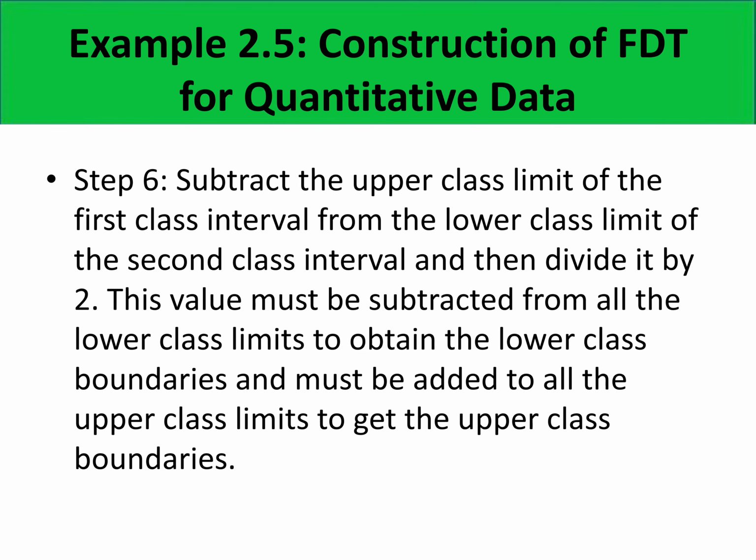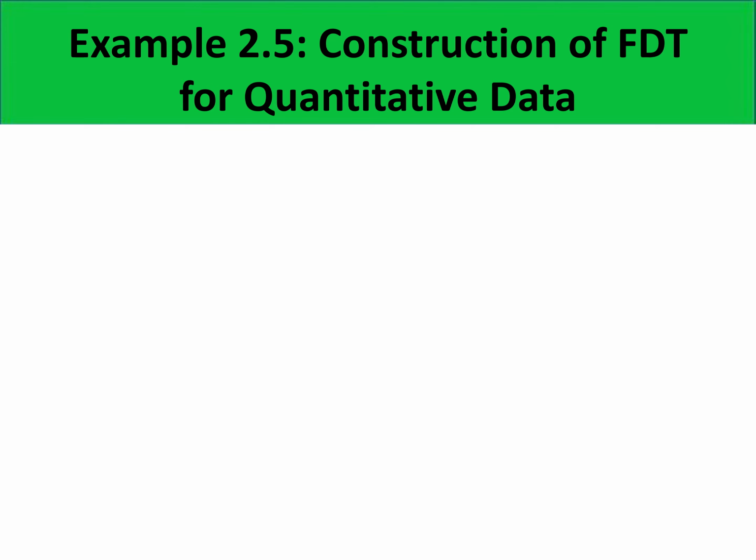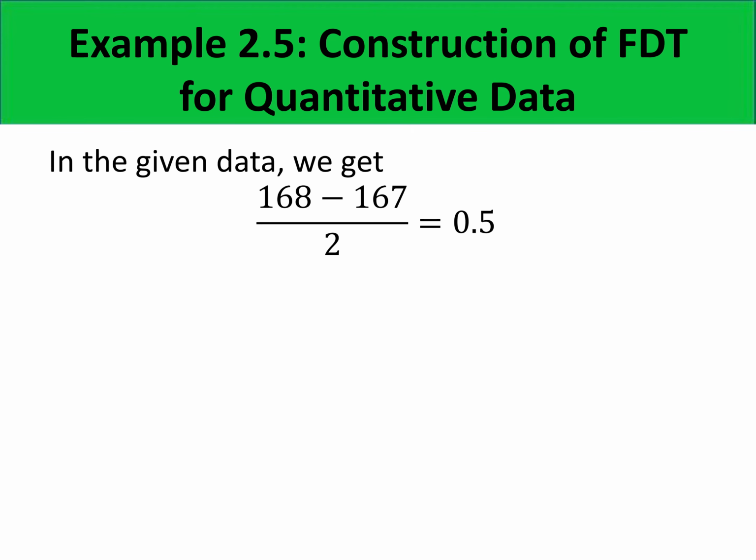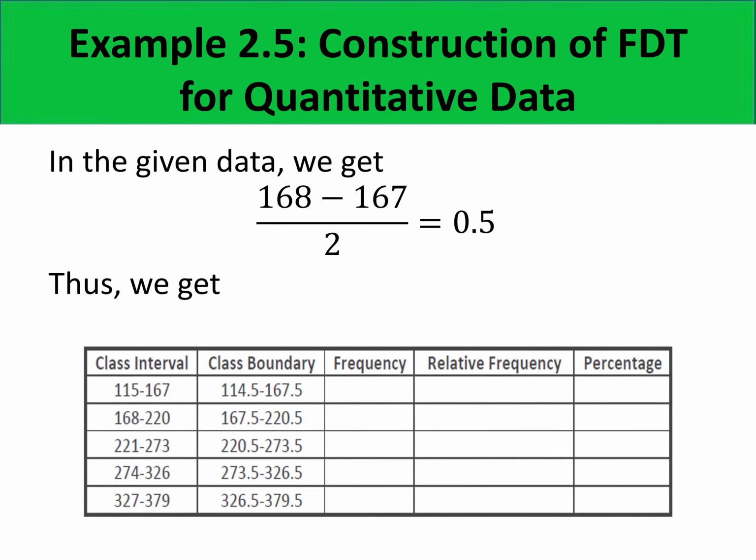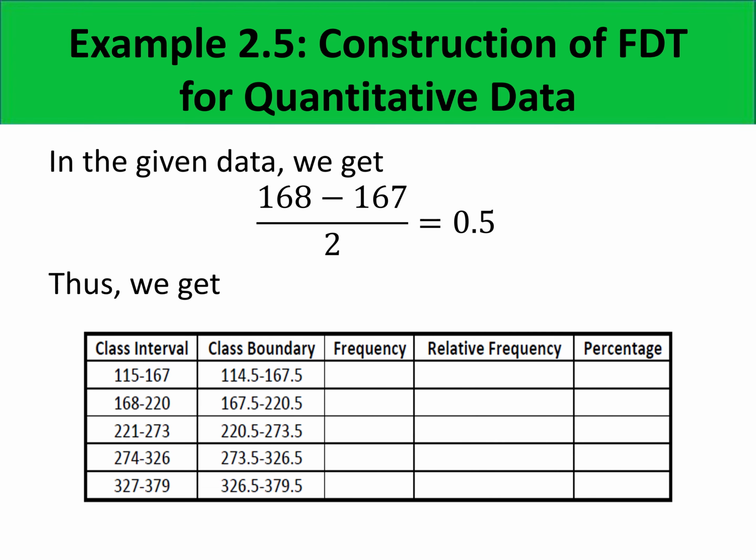To complete the class boundary column, we follow step number 6. Applying step number 6 to our example, we subtract the upper class limit 167 of the first interval from the lower class limit 168 of the second interval, and then divide the difference 168 minus 167 by 2.